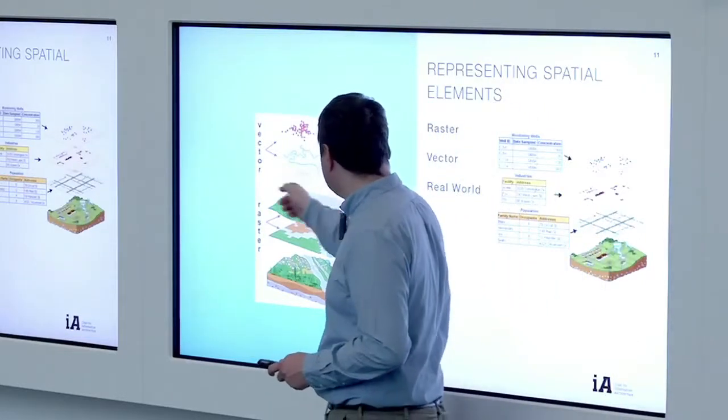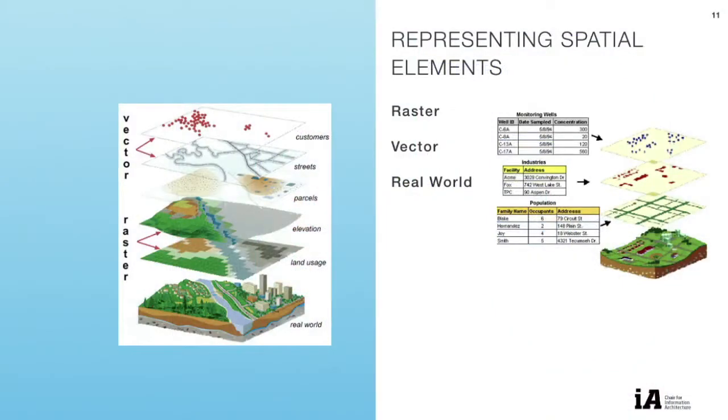Then you can come to the more vector level, since the granularity of the resolution is just too low for raster. And we come then to parcels, streets, and maybe point information. This could be single households or whatever, customers in this case.